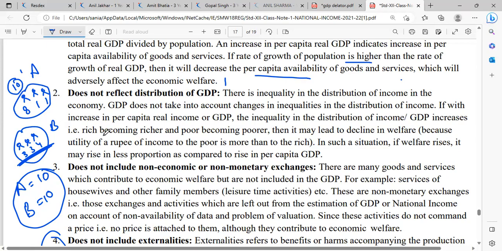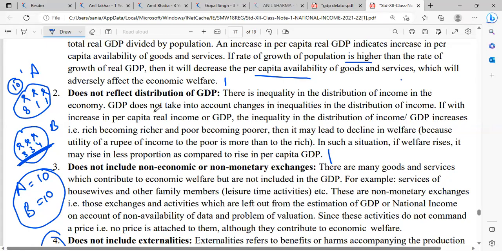What is happening? The rich are becoming richer and the poor are becoming poorer, and this will lead to a decline in welfare because the utility of a rupee of income to a poor person is more than that to a rich person. In this situation, if welfare rises, it may rise in less proportion compared to the rise in GDP. Though your GDP is really high, in your country there is less welfare. Clear?